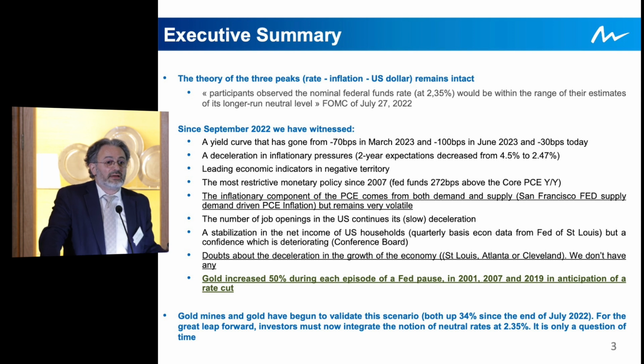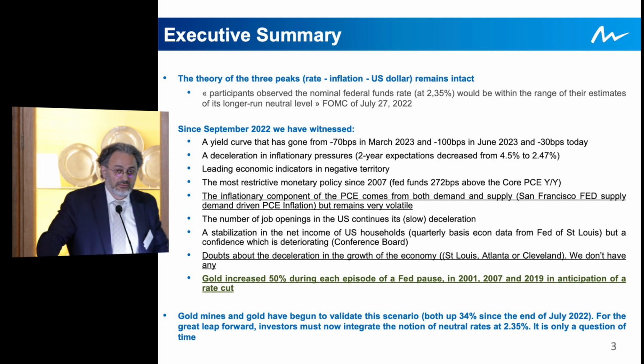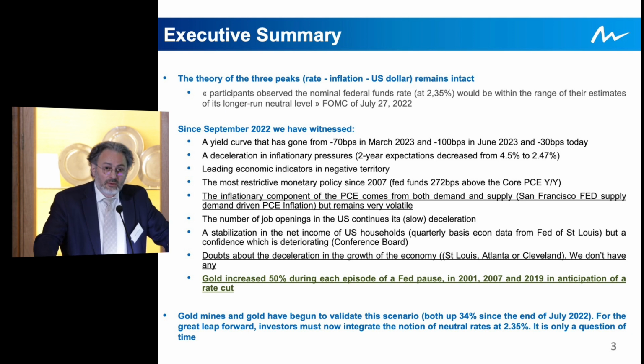This is why gold today is trading at $2,400. So, remember 2001, 2007, like I showed you in the first graph, 2019, and today, each time the Fed paused, and this is the only message I want you to remember today, gold went up.